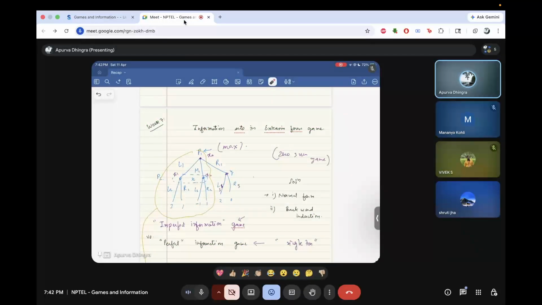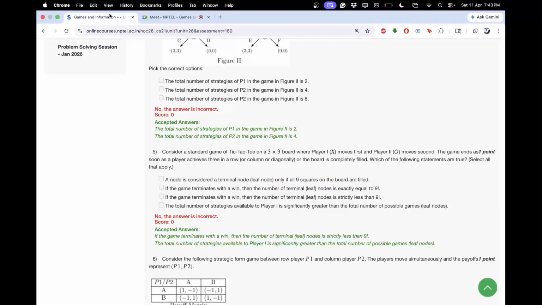So there are total 9 boxes in the board, and either all of them get filled and the game is over, or somebody wins. We're not saying that at a tie they stop. Realizing that the game is not going to end, they still continue filling it. That means the number of leaf nodes is not going to be the maximum, which is 9 factorial. It's going to be less than that.